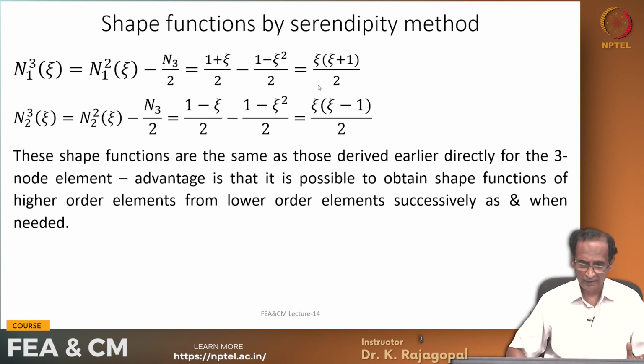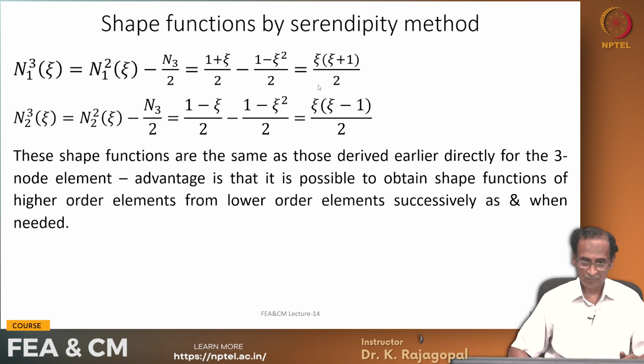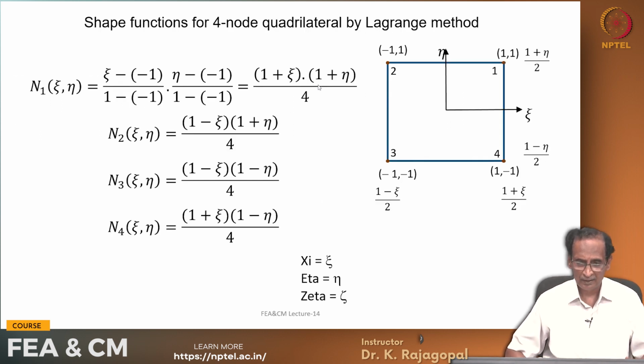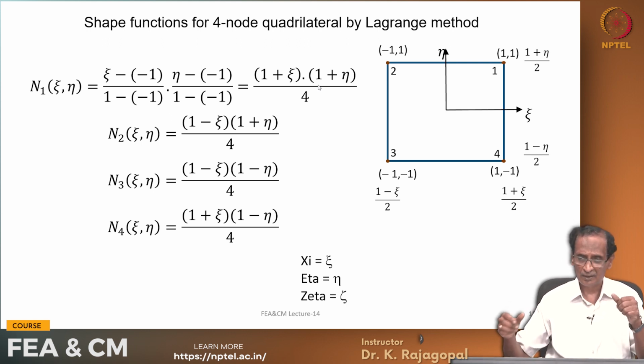So, we do not really need to invent a new method for getting the shape functions for the higher order elements. And the procedure that we have developed for one dimensional elements can also be extended to 2 dimensions.